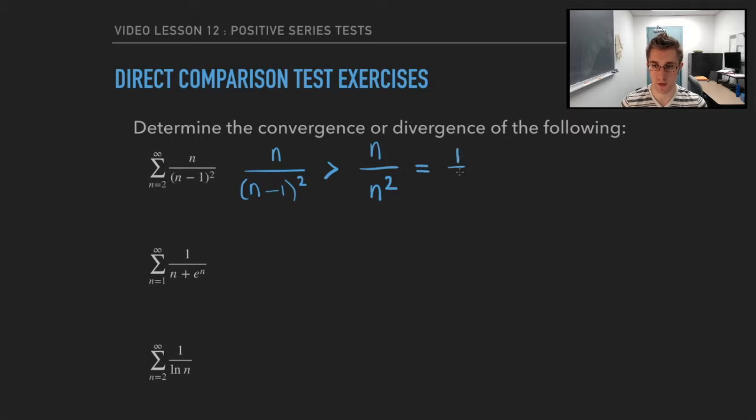And this is equal to 1 over n. So what this shows is that this series is larger than the sum of 1 over n, which we know diverges. And so by the direct comparison test, remember, bigger than a divergent series means you are divergent.